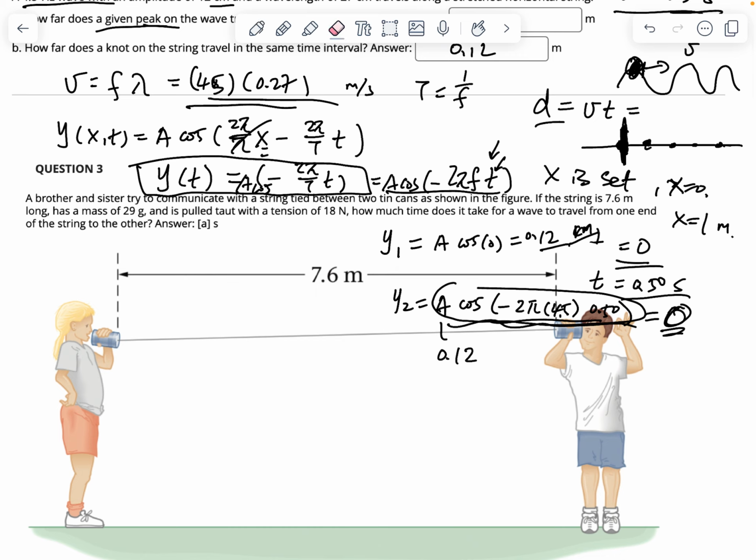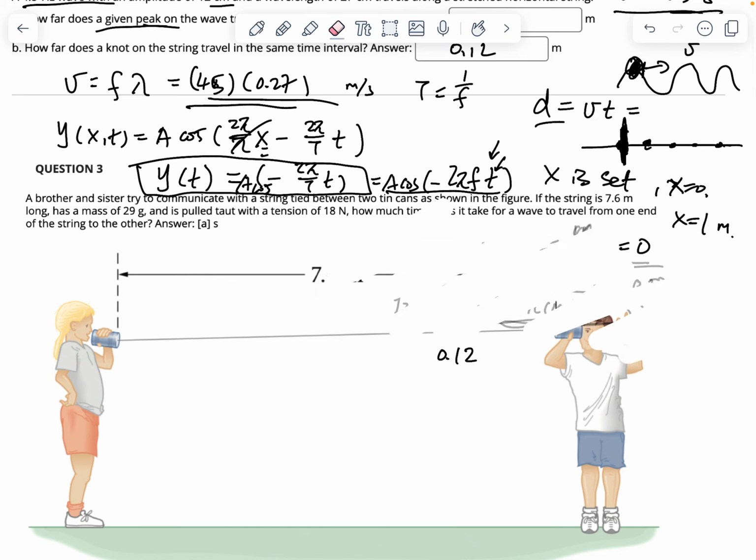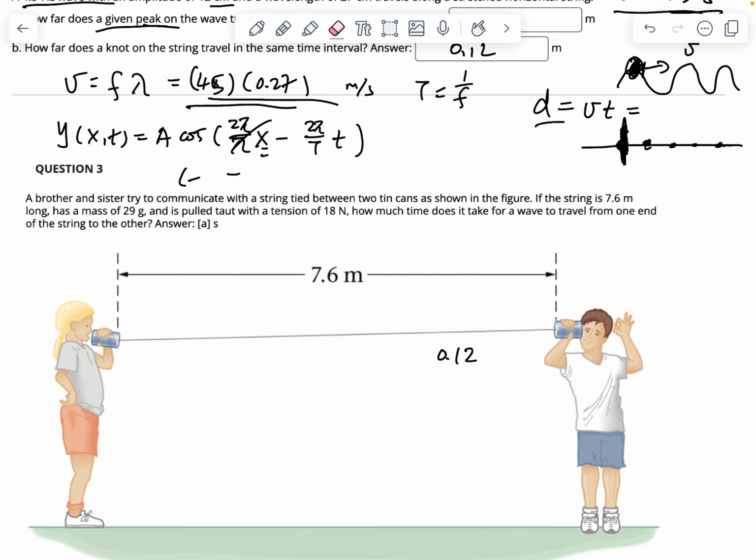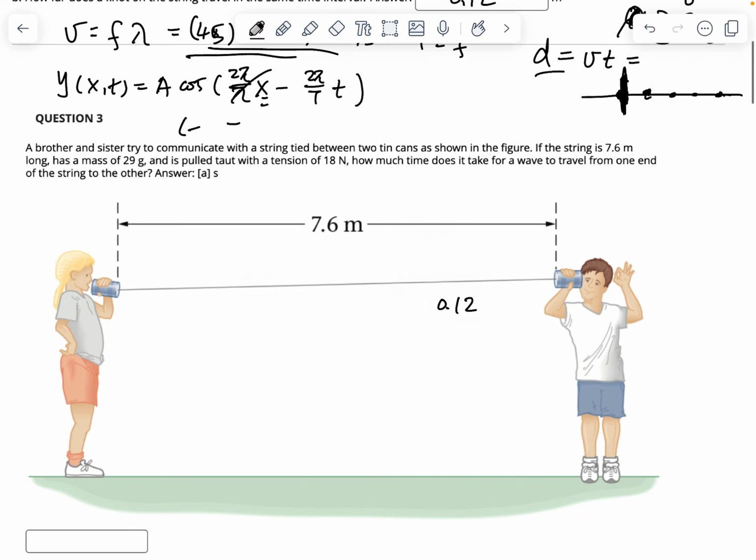All right, number 3. A brother and a sister trying to communicate with a string tied together between 2 thin cans as shown in the figure.